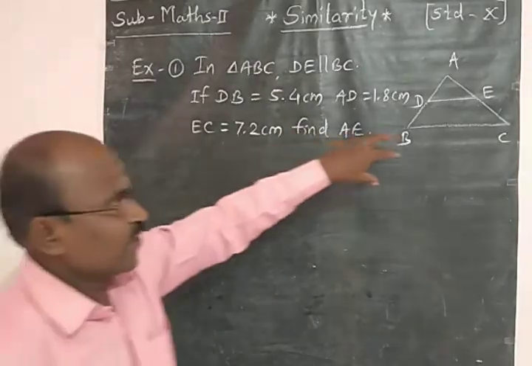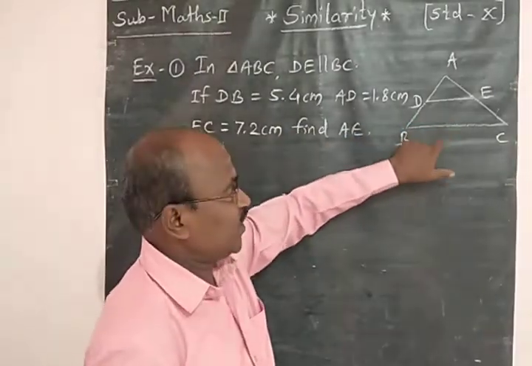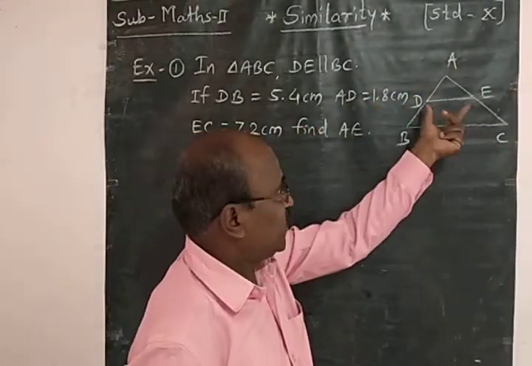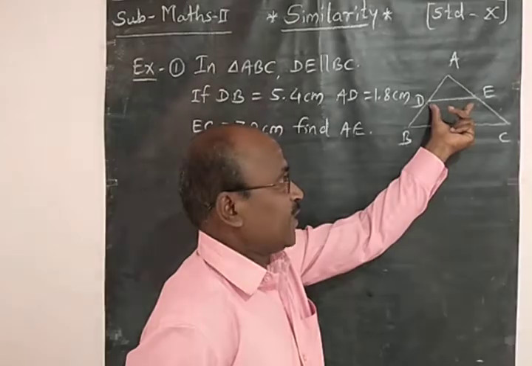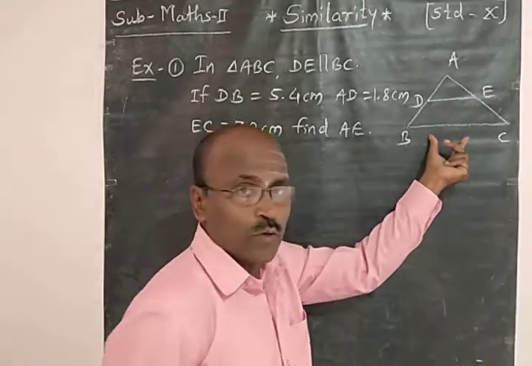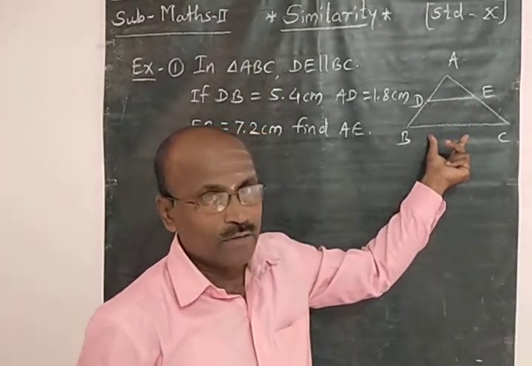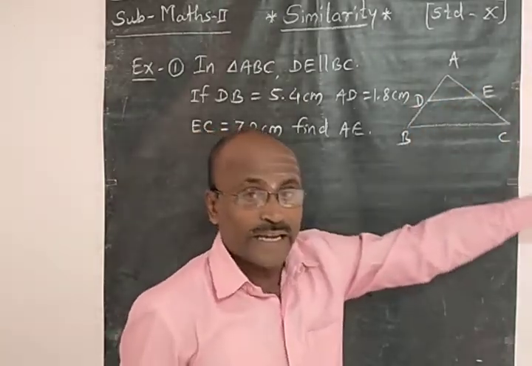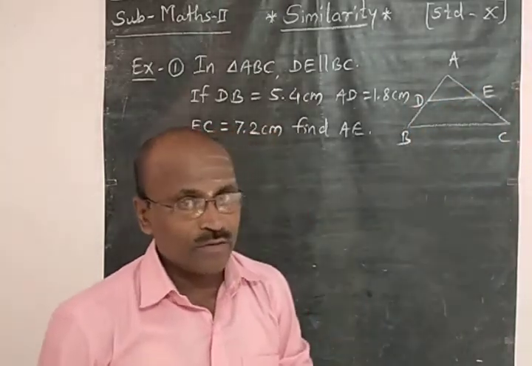Now look at this figure. In this figure, the triangle ABC is there, and in this triangle, segment DE is parallel to one of the sides of the triangle, and it intersects the remaining two sides at two different points.